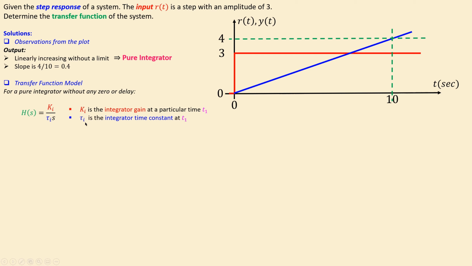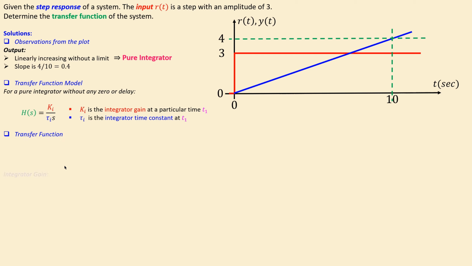The tau I, which is the integrator time constant, is also at that particular time t1. So if you took a t1 for your gain, that t1 must also be used for determining the integrator time constant. This will be clear shortly when we determine the actual transfer function of this system.